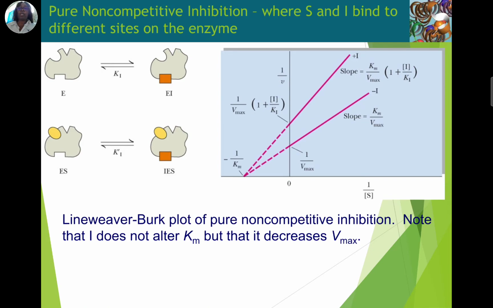And so if we look at the Lineweaver-Burk plot of pure non-competitive inhibition, note that Km remains the same, but Vmax is decreased. And anytime we talk about inhibiting the action of an enzyme, you can expect to see some impact either on Km or Vmax, or both.